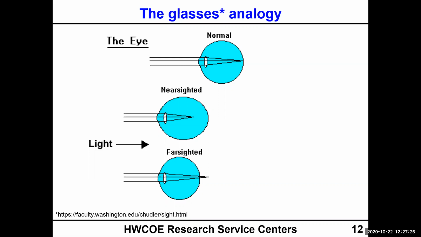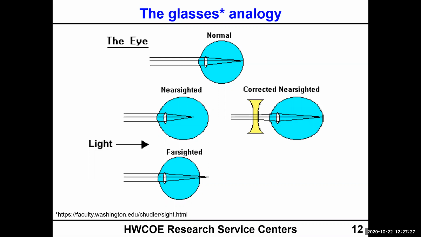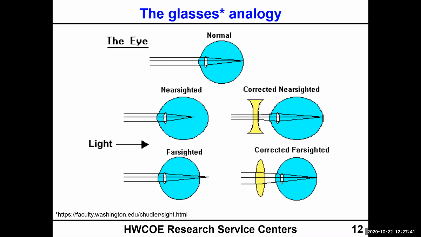So the way that this is fixed is with glasses. Okay, so you put an appropriate lens in front of the nearsighted person, and that basically accounts for the focusing effect of your eye being too long. Okay, you can do the same thing if you're farsighted, but you need a different lens. Okay, same thing works with contacts, right?